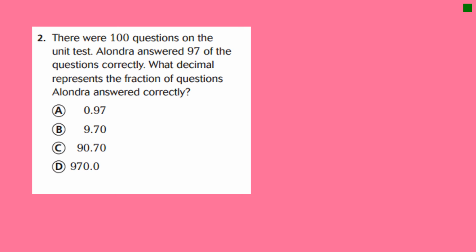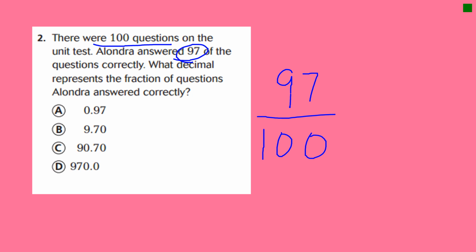All right, so looking at these choices, 97 out of the 100. So she answered 97 out of 100. I'm going to write it as just a fraction because I'm familiar with fractions. 97 hundredths.